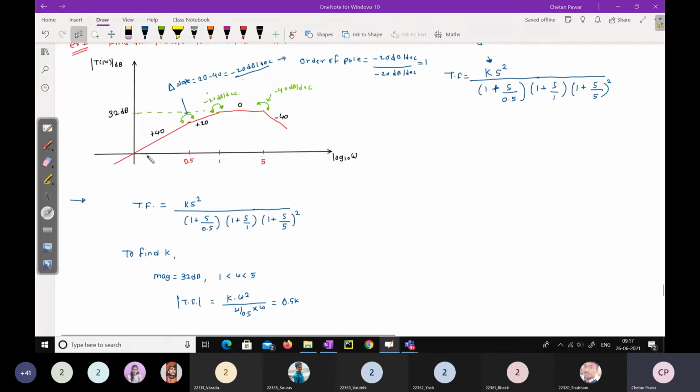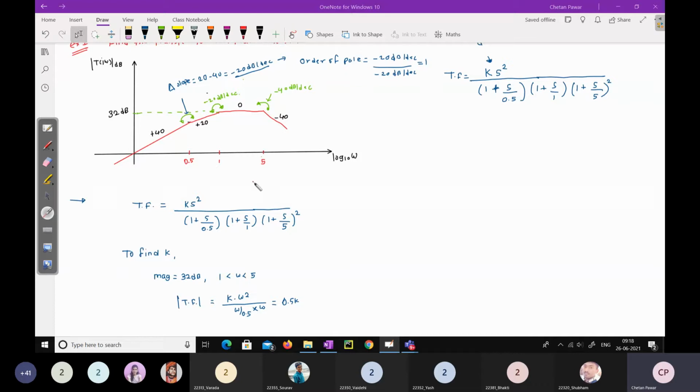First, one thing you need to observe: if you know the magnitude at any corner frequency and the previous slopes of the line, you can find the magnitude at omega equal to 0.1. When we found the Bode plot from the transfer function, that is how we found the magnitude at omega equal to 0.1, and we will apply the same method here.